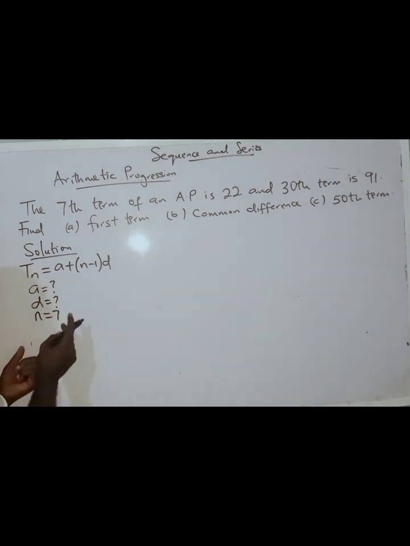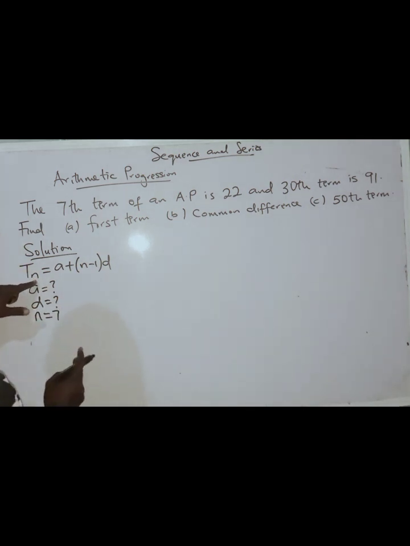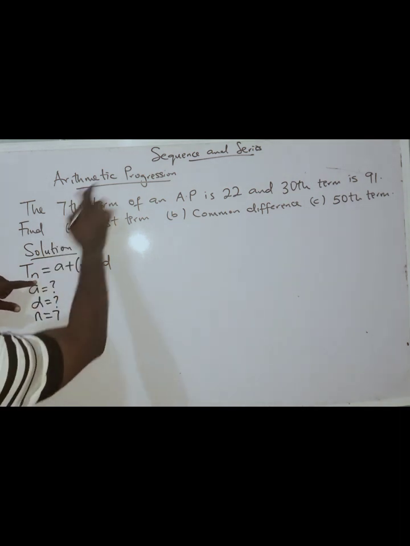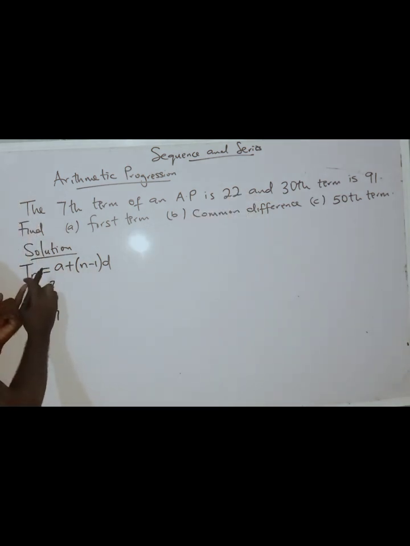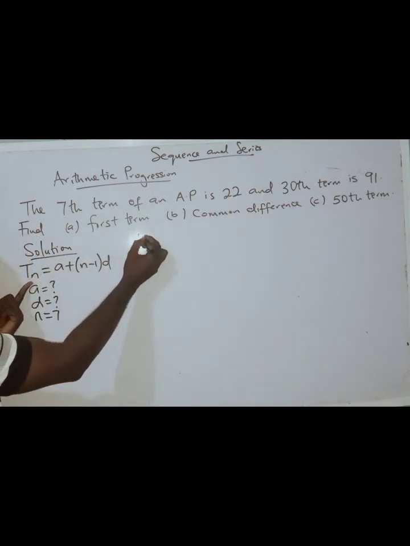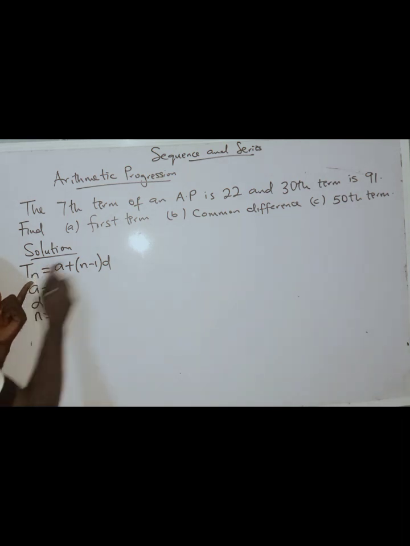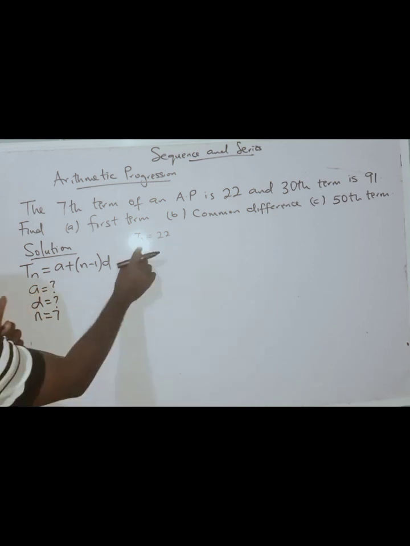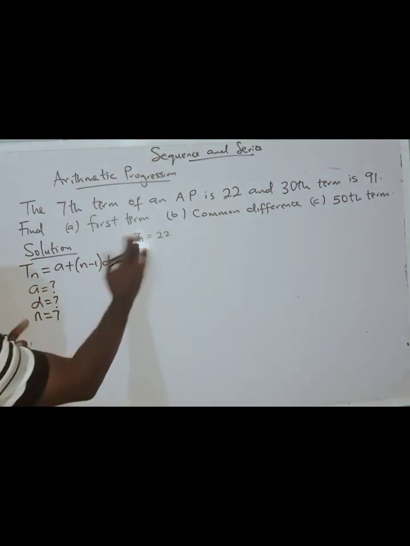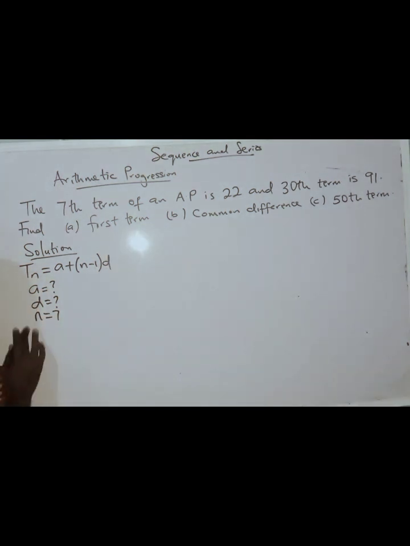And we are also given the nth term. The question says the 7th term of an AP is 22, so T7 is 22. That means the 7th term is 22. So I'm going to say my Tn, which is the same thing as T7, is 22.